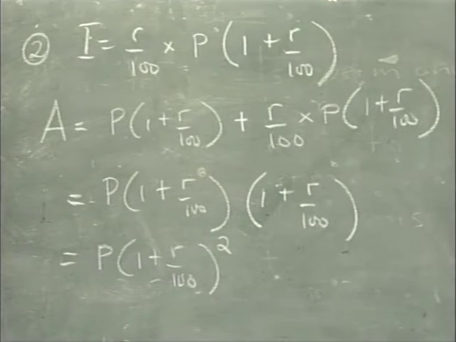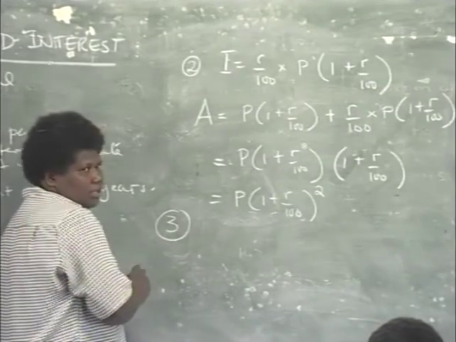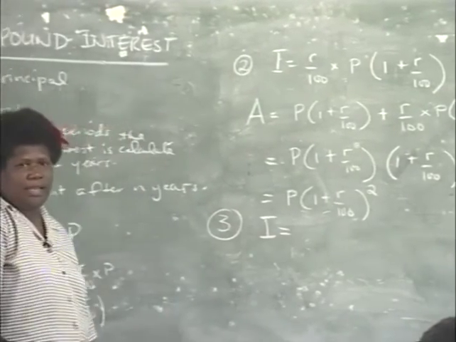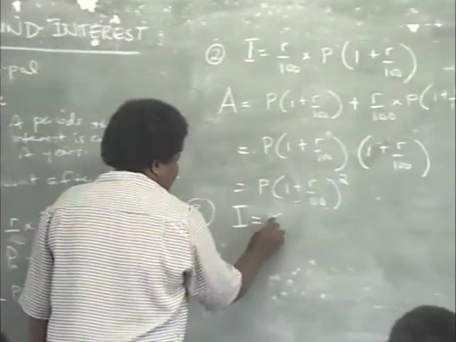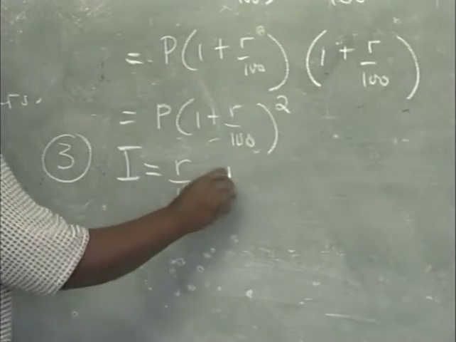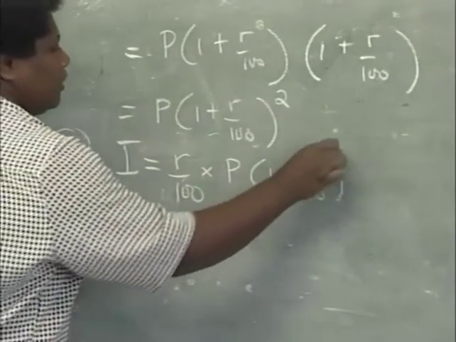Should I do it for 1 more year? Okay, we'll see if you understand. What is the interest now for the 3rd year? R percent of what? P times 1 plus R on 100. Good, you know what you're saying.